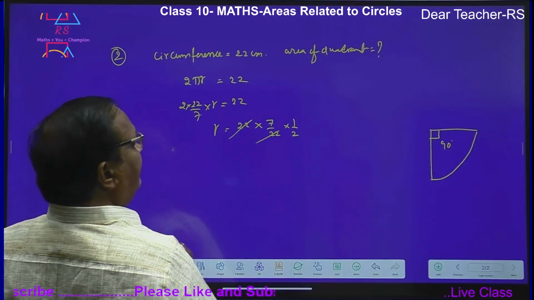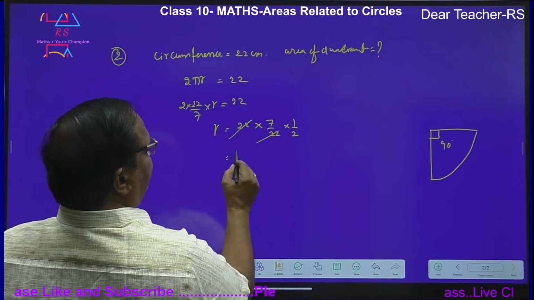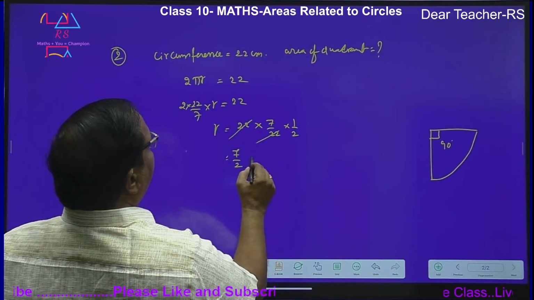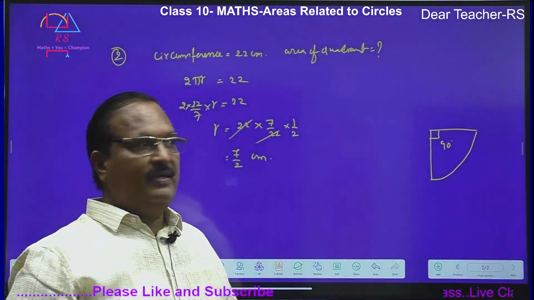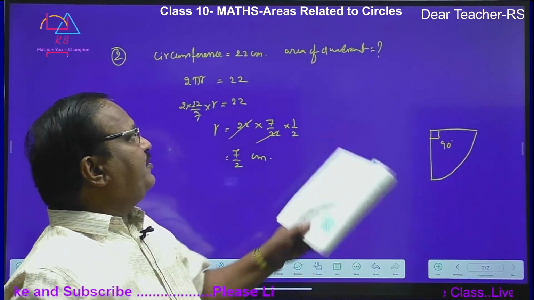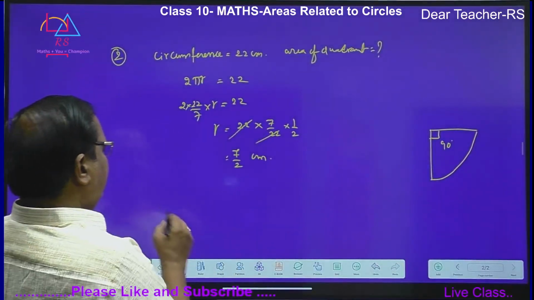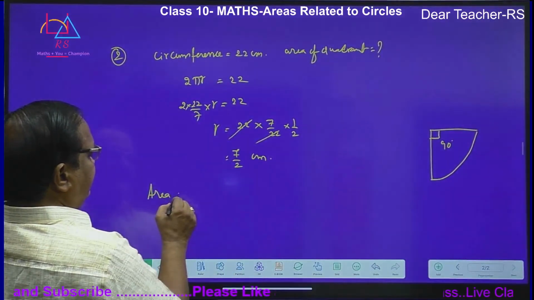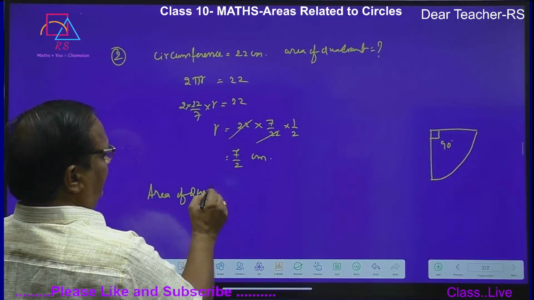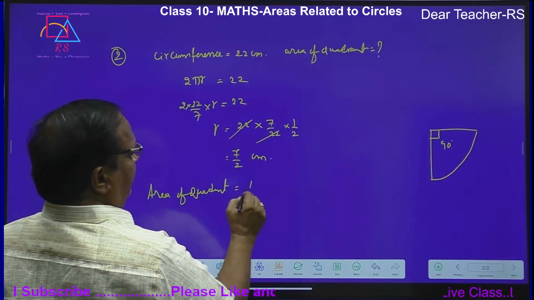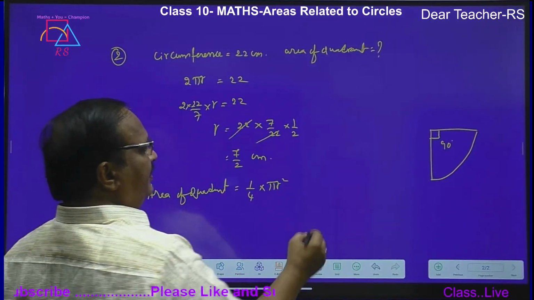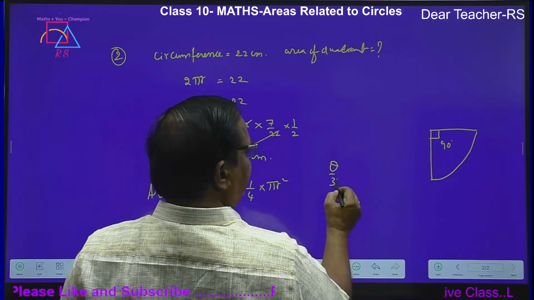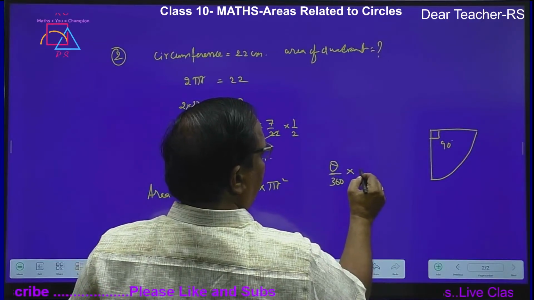So that is why you can act accordingly. So this is 7 upon 2 centimeter. I am not putting it in the decimal number, because I have to find the area of a quadrant. So area of quadrant is equal to 1 by 4 into pi r square, or you can write theta by 360 into pi r square.